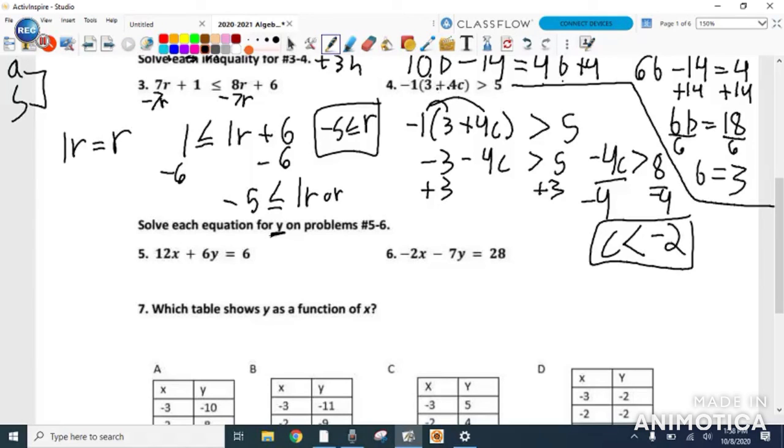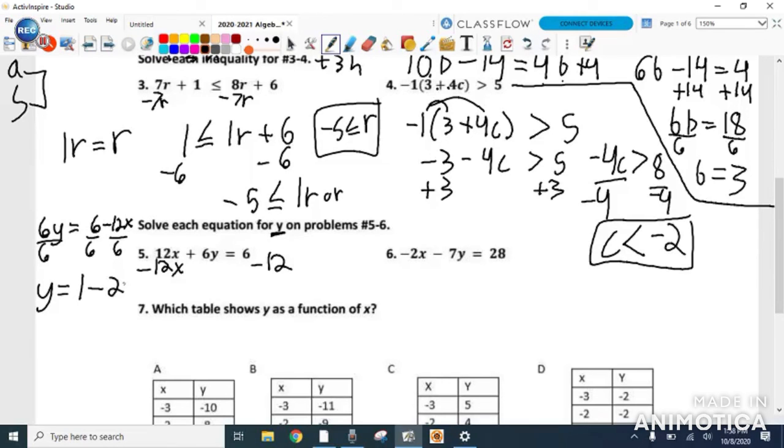Okay, so I have a positive 12x. I need to subtract that from both sides. That will give me 6y equals 6 minus 12x. Now I need to get my y by itself, so I need to divide by 6 to each term. That will get me y equals 1 minus 2x.